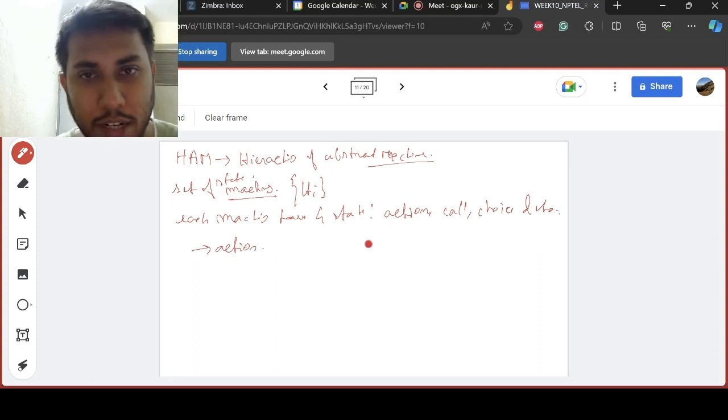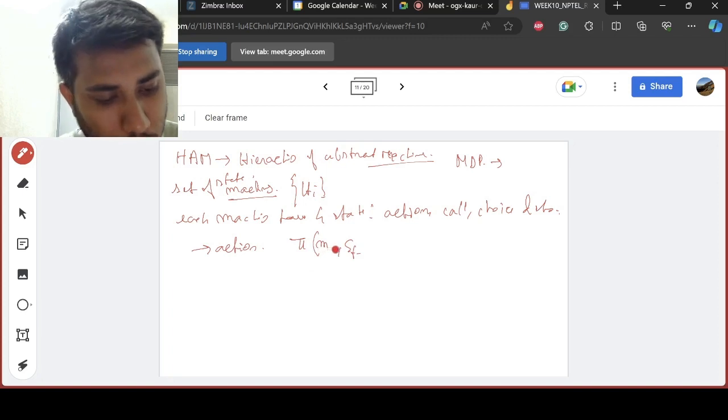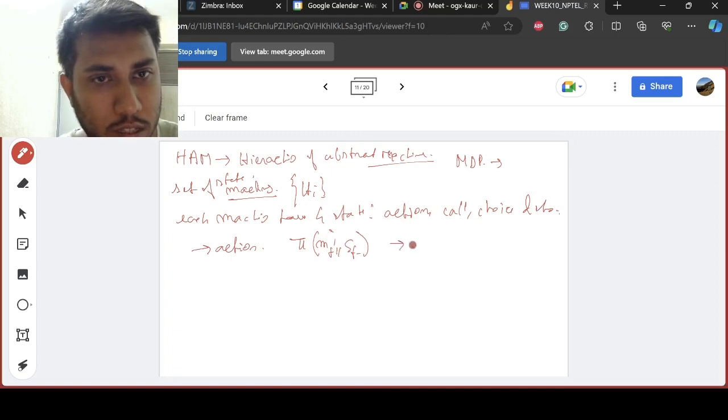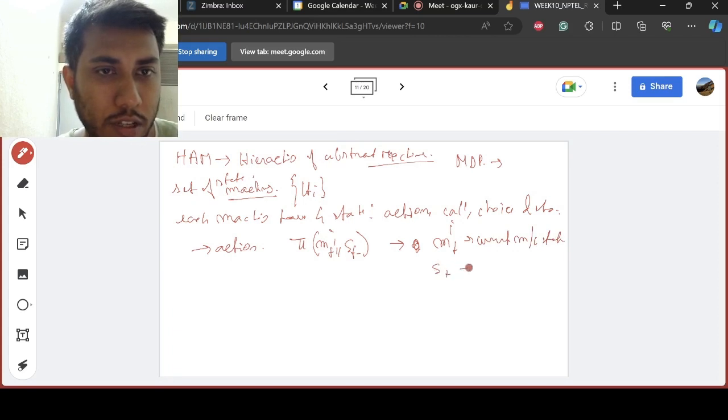Action is generated based on your MDP state s_t as well as your current machine state m_t, where m_t is the current machine state and s_t is the current MDP state.